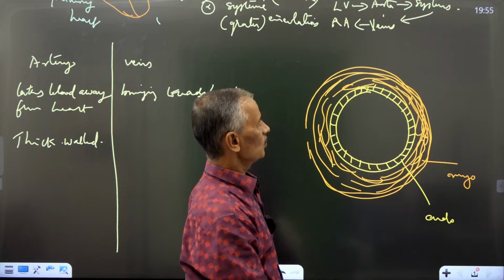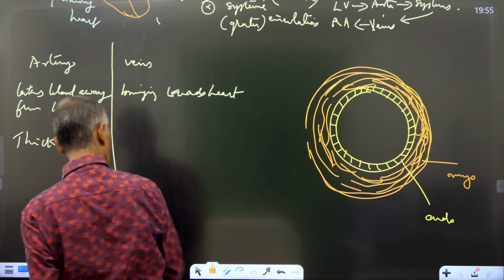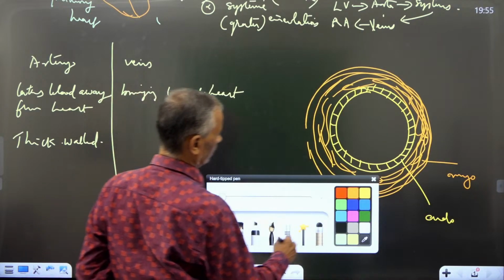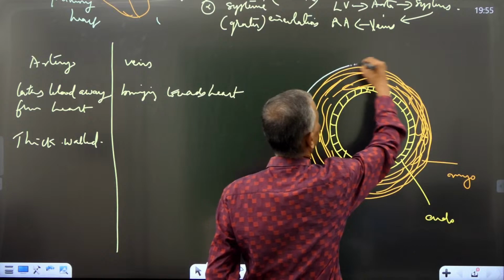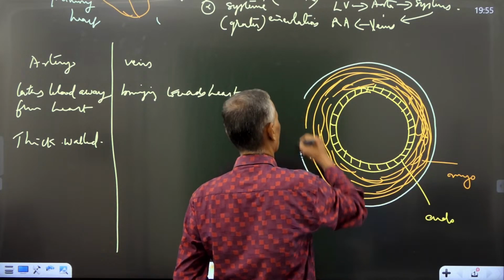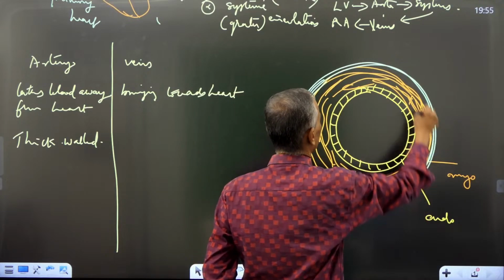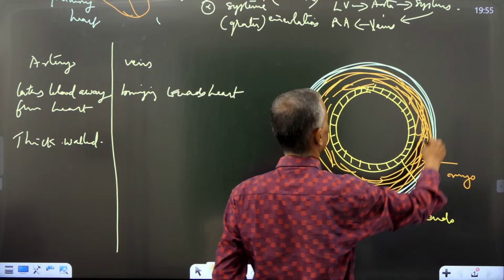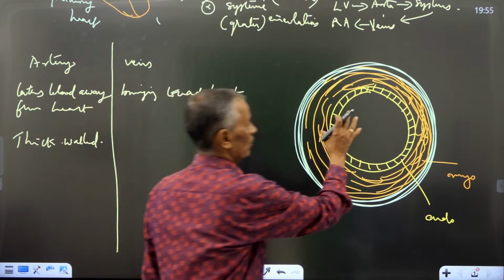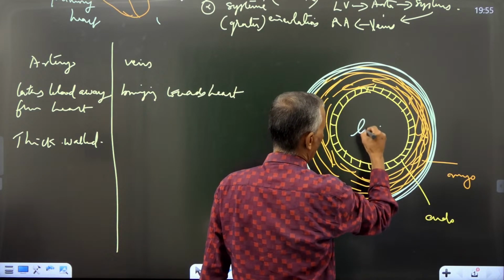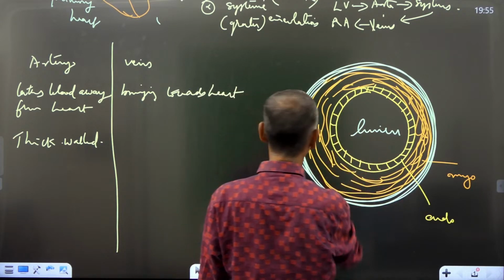Myo means muscles, and always there will be a tough outer connective tissue layer that forms the outermost layer. So these are the 3 layers. The cavity inside is called the lumen. It is through the lumen that the blood is flowing.